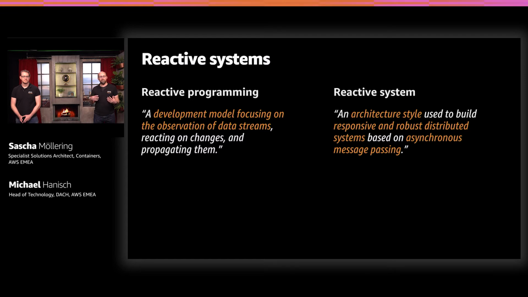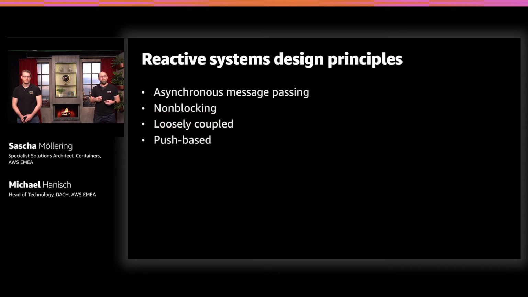If we look at how the Reactive Manifesto designs reactive systems, you can see that that's really an architectural style to build responsive and distributed systems, right? So you can say that reactive systems are really distributed systems done right. And the foundation, as I've said, is message passing, right?